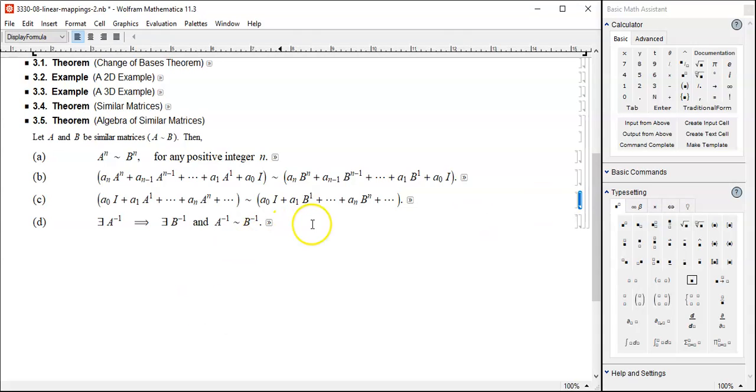And then another thing. Assume A and B are similar, all right? If A is invertible, then B is also invertible. Not only that, A inverse and B inverse are similar to each other. How do we prove that? I do not want to show this to you because I think this is a very, very good homework problem set.